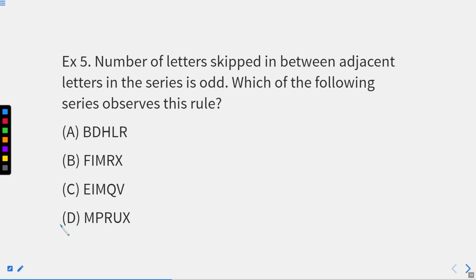If I talk about the first one, that is BD, in between B and D, how many letters are there, or what is the gap of how many alphabets? If it is odd, then it is following the question's demand, otherwise it is not.